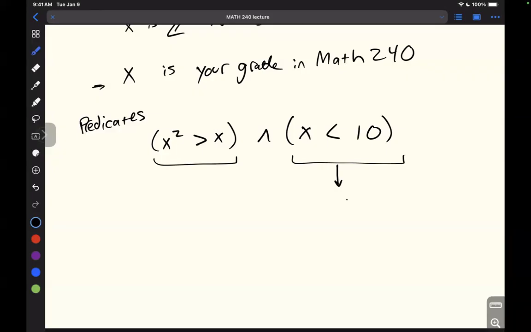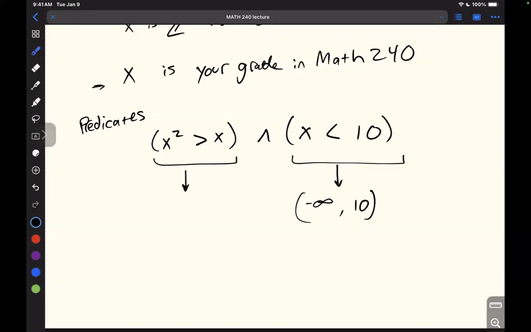Yeah, anything less than 10. So if we use interval notation, do you guys know interval notation? Yeah, great. Where do you learn that? Pre-calc? Great. Yeah, which is why I ask. Okay, so that makes that true.